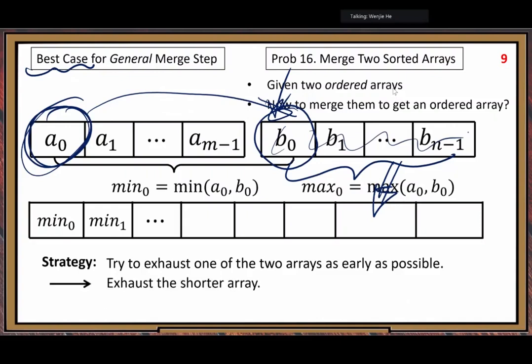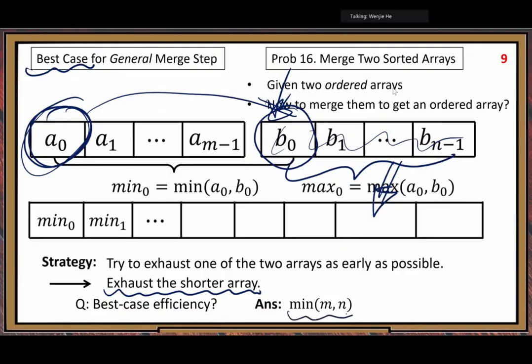So in your best case scenario, you need to exhaust the shorter array. So the formula is the minimum of m and n. The minimum of m and n, that's the best case formula.